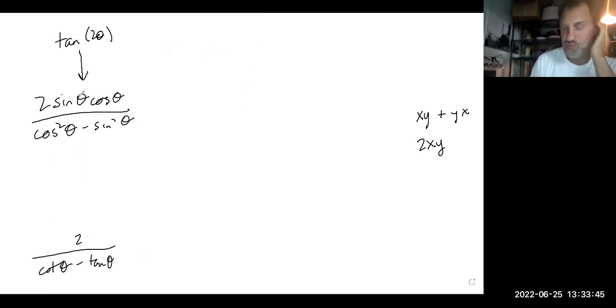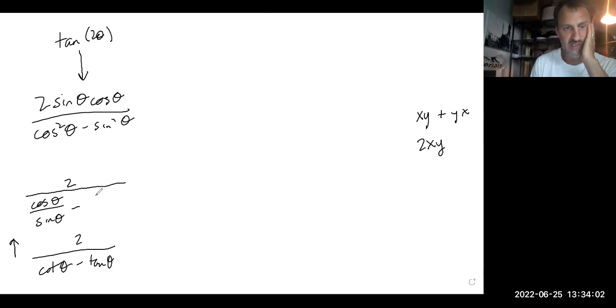Now, remember with the proof, and really in any problem that you're trying to solve, you can work forwards or you can work backwards. Proofs are actually a great opportunity to practice that. So here, 2 over cosine theta over sine theta minus sine theta over cosine theta. So I'm kind of feeling this here.